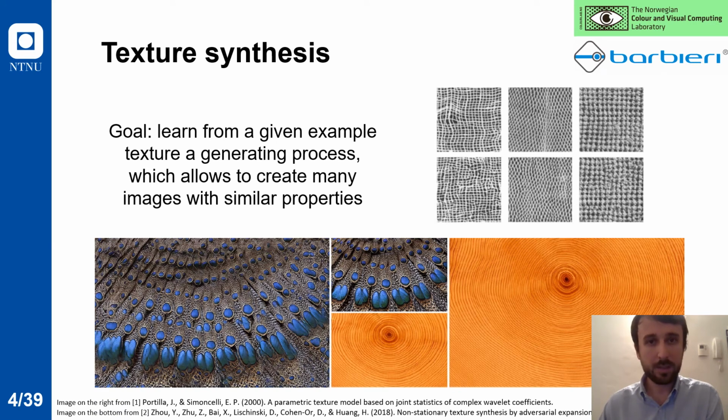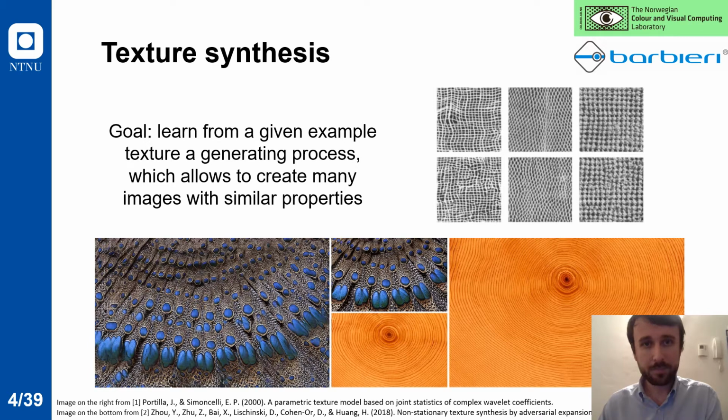We can define texture synthesis as a process that takes a digital image as an input and learns how to generate samples with similar visual properties from it. This can be applied to various problems, such as texture reproduction, but also texture expansion.